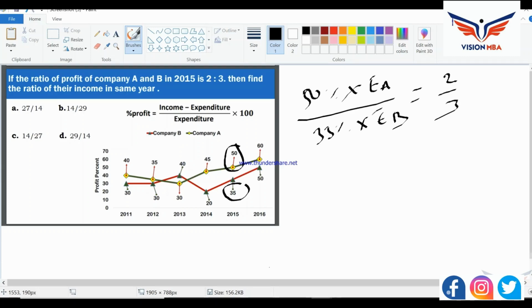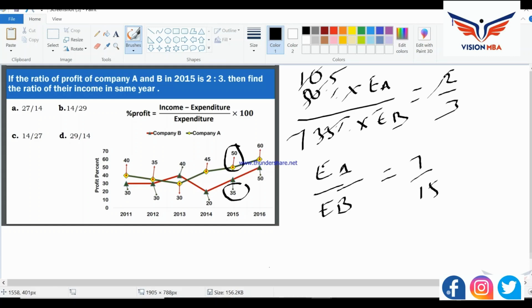From this we can easily calculate expenditure of A to expenditure of B. Once we get the ratio of their respective expenditures, we can easily get their ratio of income.